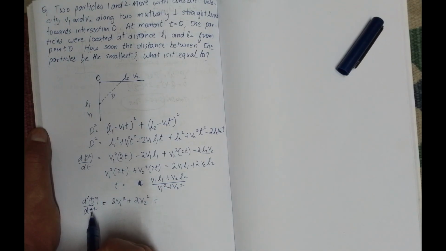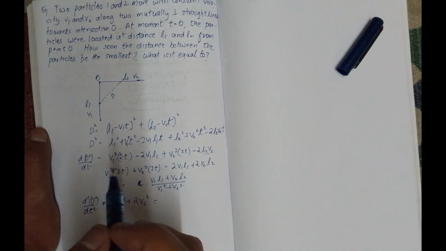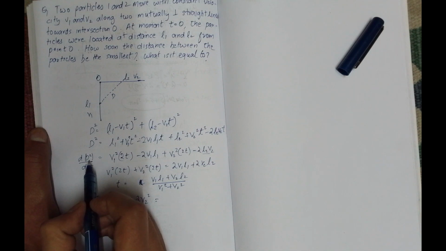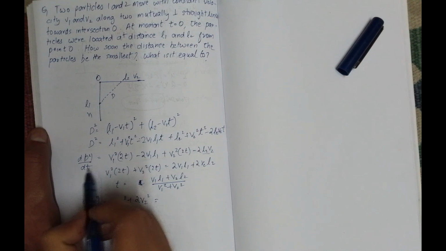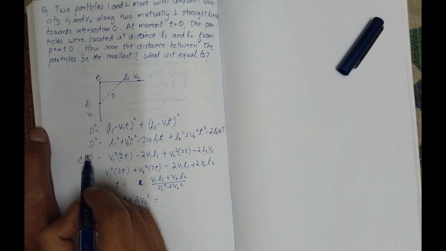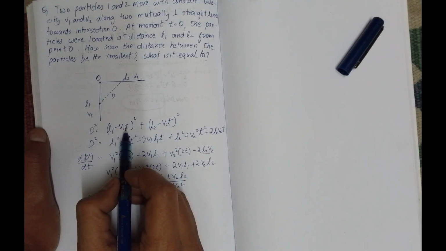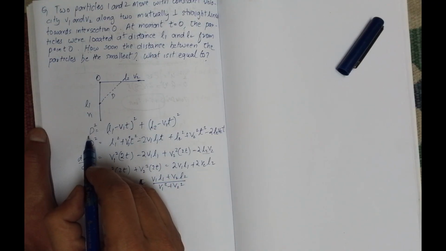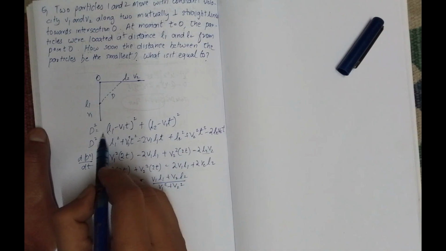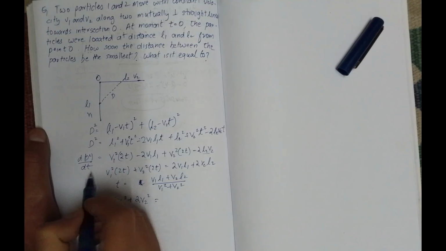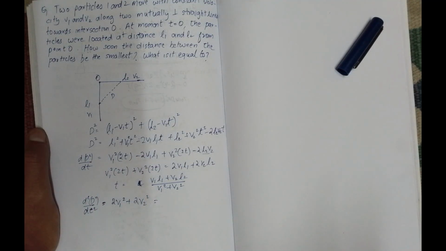This is just the rate of change of d square with respect to t, because I have a relationship of d square with respect to t. Now there is a rate at which d square changes with respect to t, and there is a rate at which this changes with respect to time. So it's rate of change of rate of change.